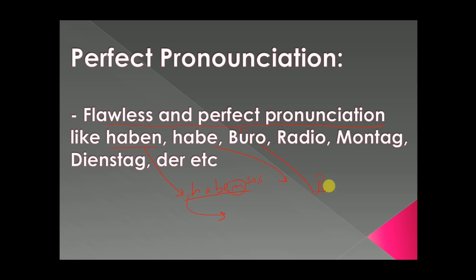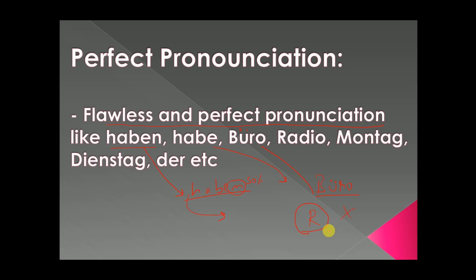Now this is, I'm sorry I made a mistake here. It is bureau. Please try this, bureau. Yeah, bureau. The emphasis is over R. No, not bureau. It's entirely wrong.